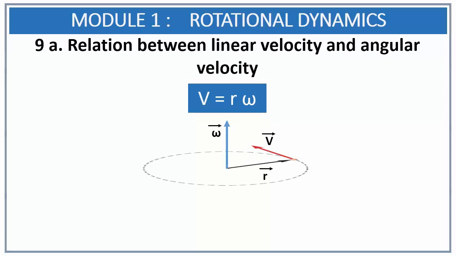If you look at the direction of these three quantities, that is angular velocity omega, radius vector r and linear velocity v. Remember, this linear velocity is the tangential velocity. If you see the diagram carefully, the direction of omega cross r is along v. Hence we can say that v is omega cross r.